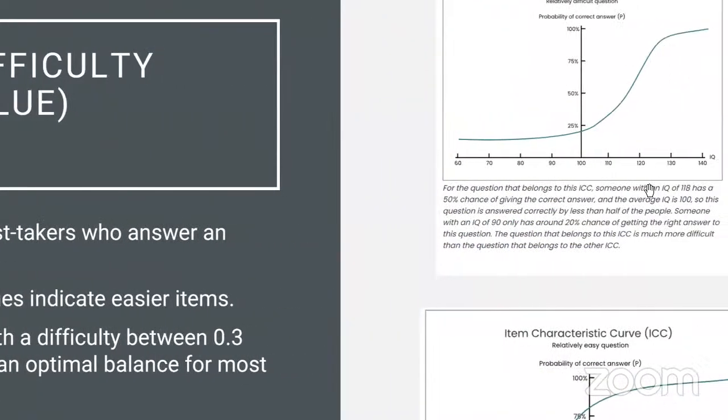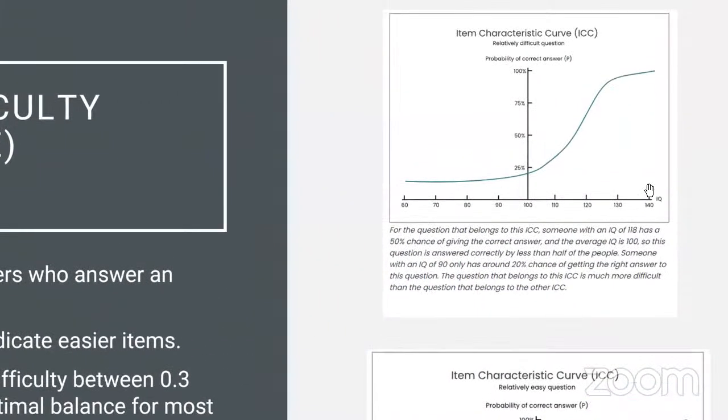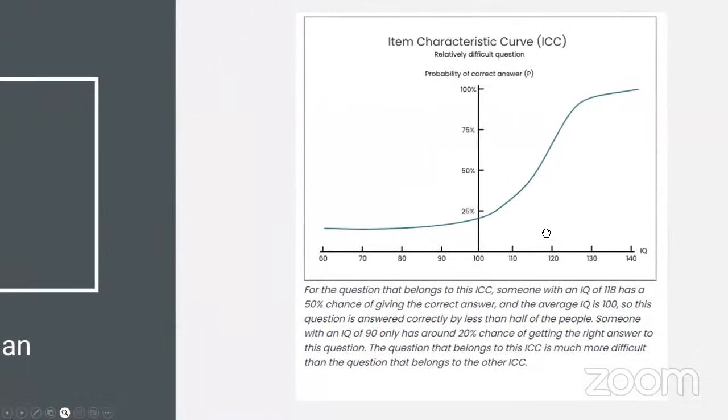Next. This is the picture. It represents the item characteristic curve. Now here you will find the item difficulty for the question that belongs to this ICC.